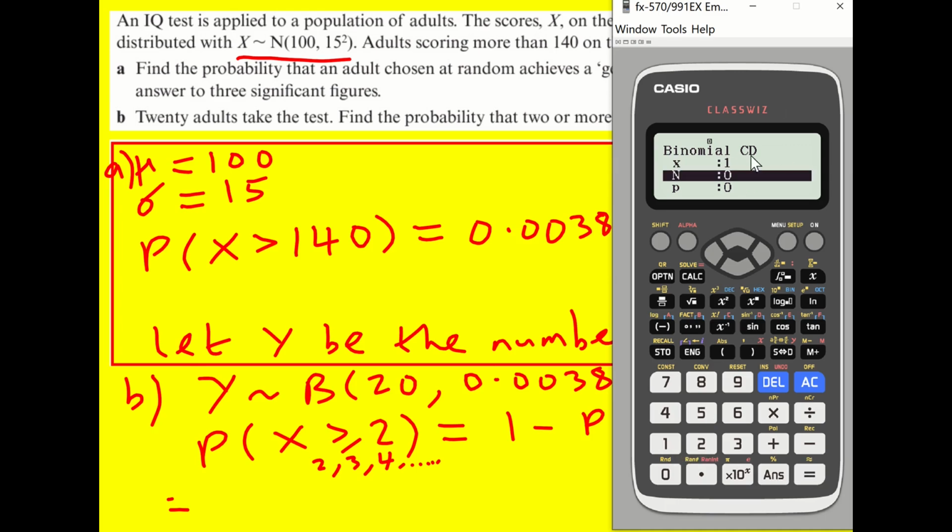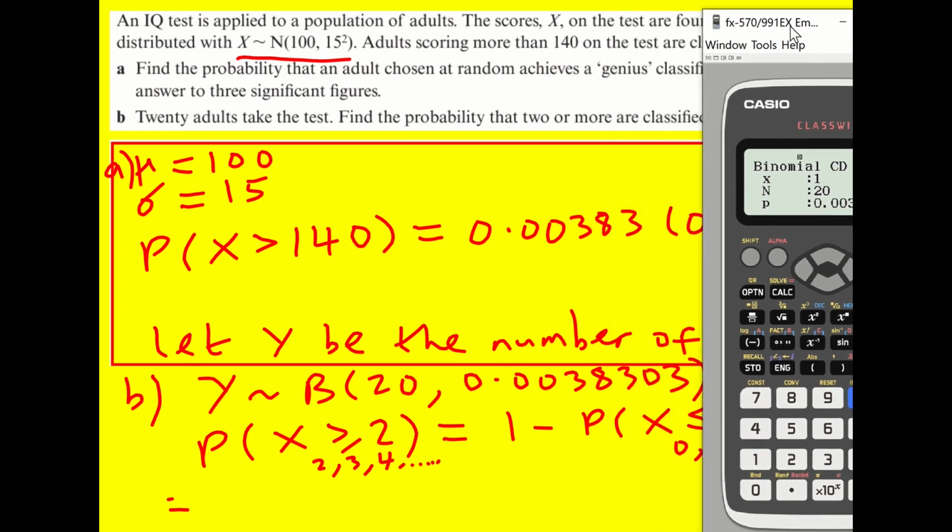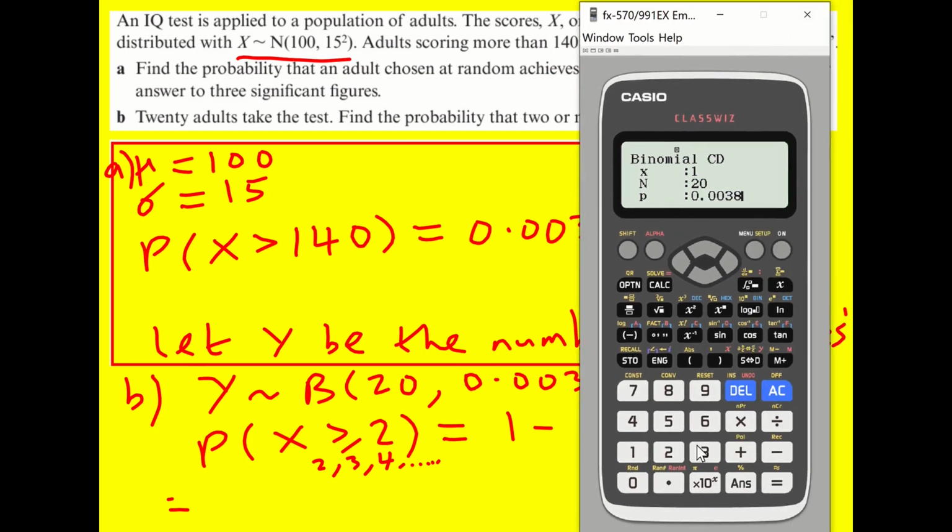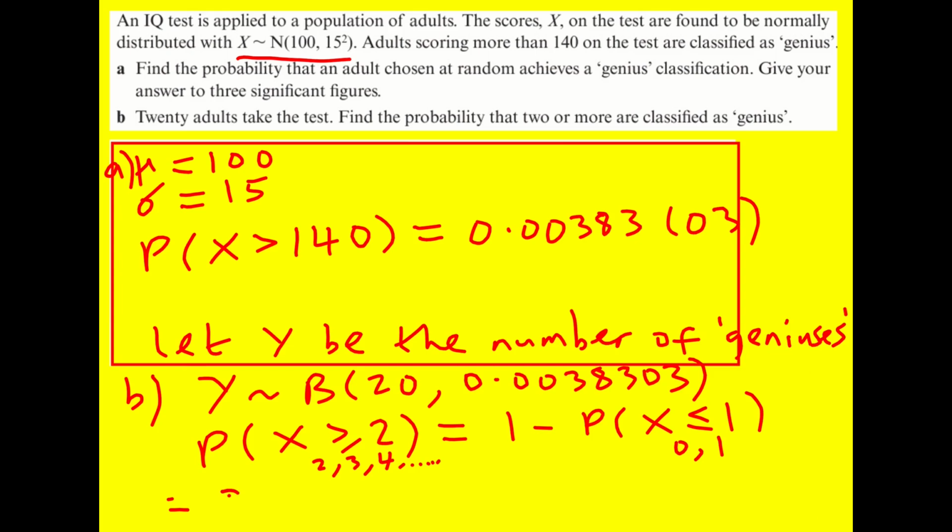So CD button, less than or equal to 1, 20 trials, 0.0038303. And then we get 0.997 as our answer. But wait, that's not the answer, is it?